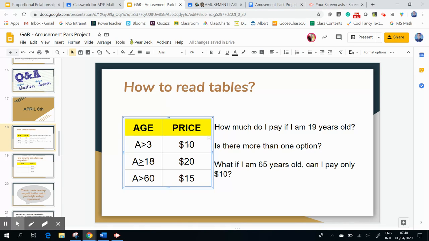And then, because I'm a customer, I try to convince the person and say, well, I'm a customer, you can't do that to me. I want to pay 10 because according to your math, which is a poor math by the way, I can pay 10. You say, if your age is greater than 3, you pay 10. My age is 19. 19 is greater than 3, so I'm paying 10.